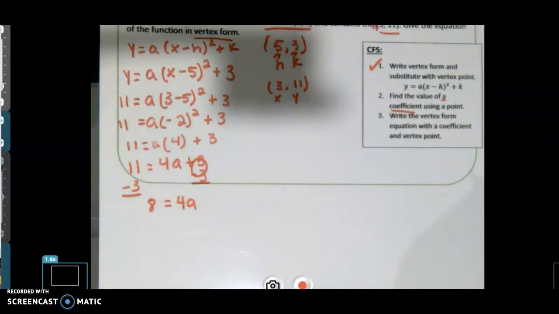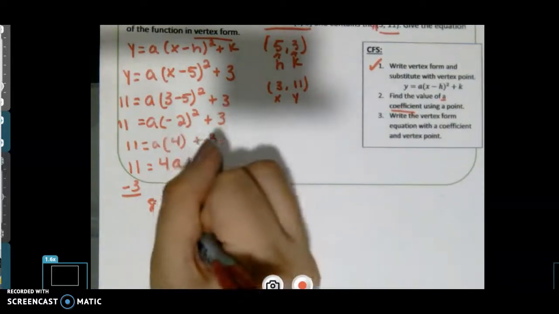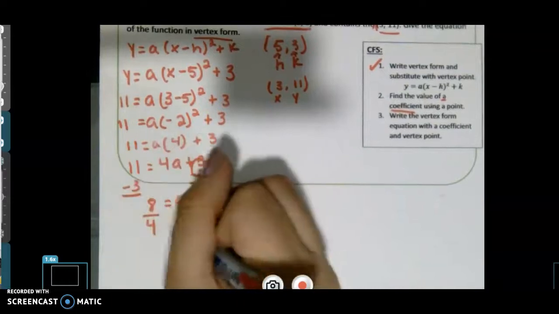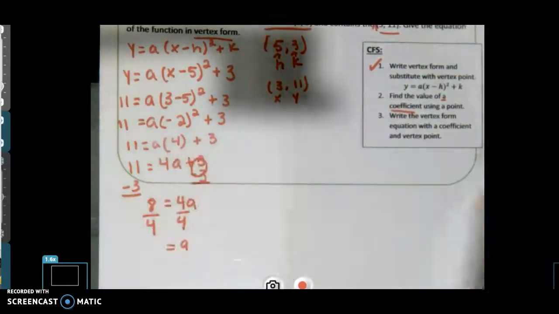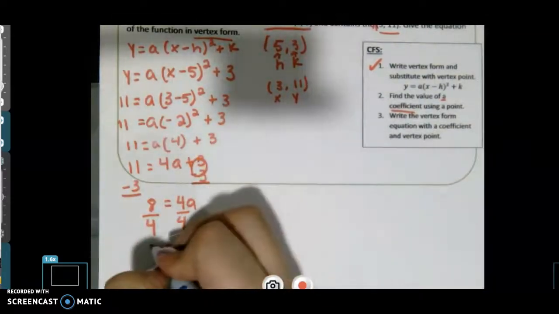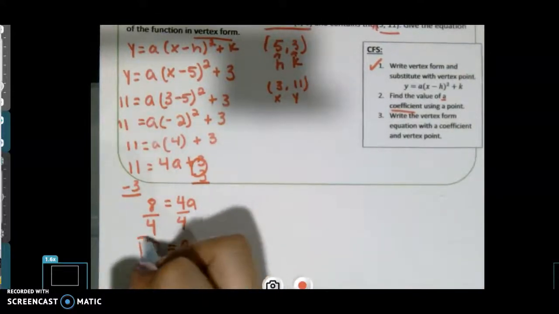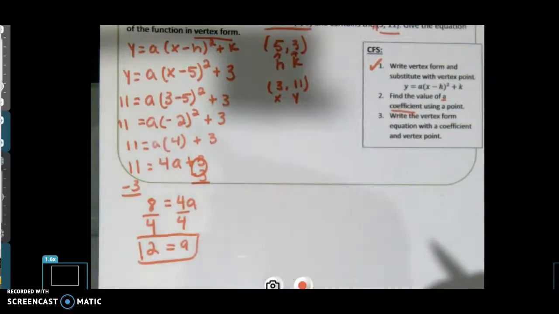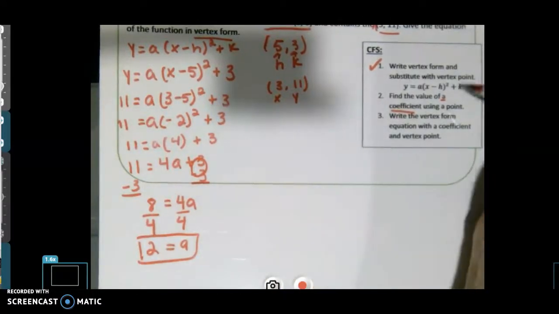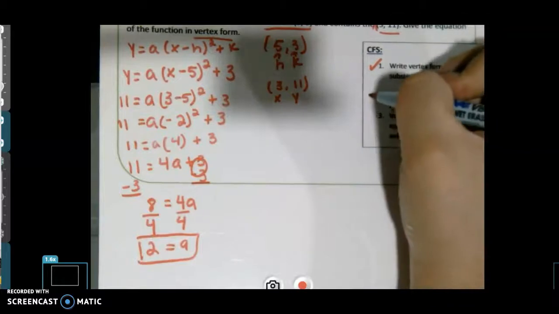With me so far, guys? Then we're going to divide by 4 on both sides so we can isolate a. 8 divided by 4 is 2. So now we know the a coefficient is 2. So now we found my a coefficient, so we're done with step 2.